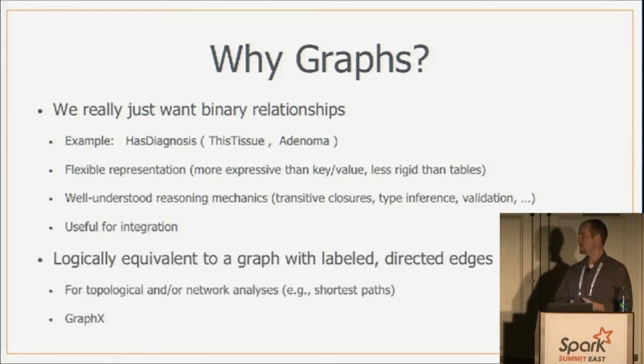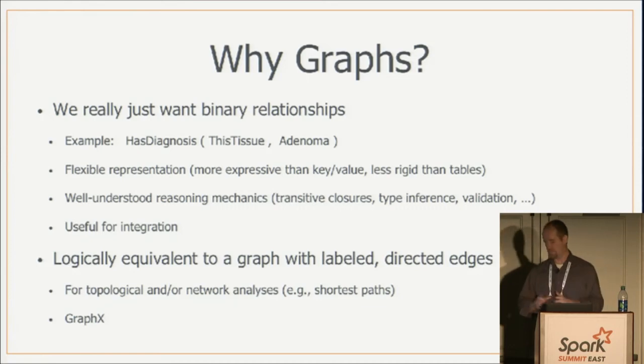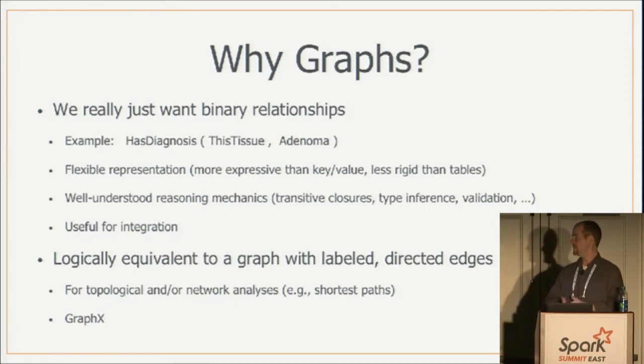And another reason is that binary relationships are semantically the exact same thing as a set of labeled edges in a graph. So it's very easy to go from this fundamental data structure into a graph, which means that different kinds of topological or network analyses on the graph are pretty easy to get to. And we would do those with something like GraphX.